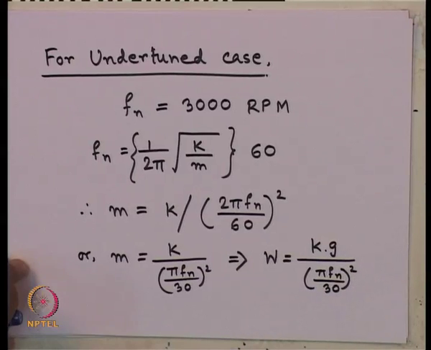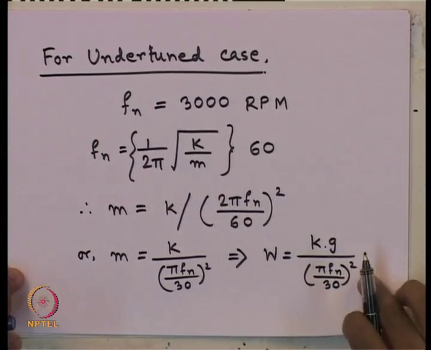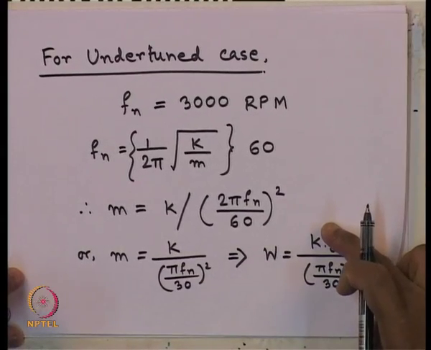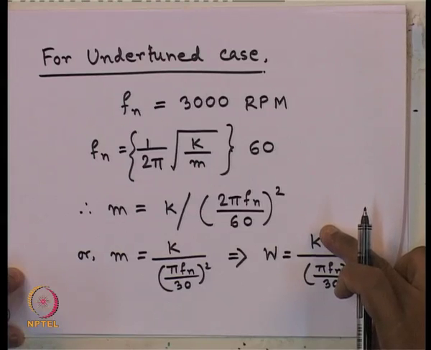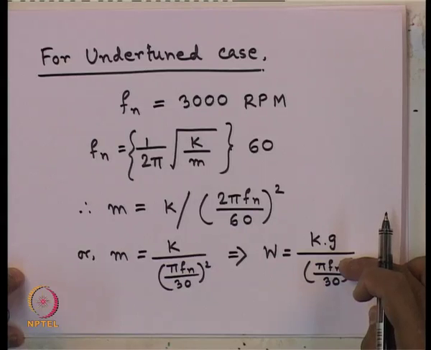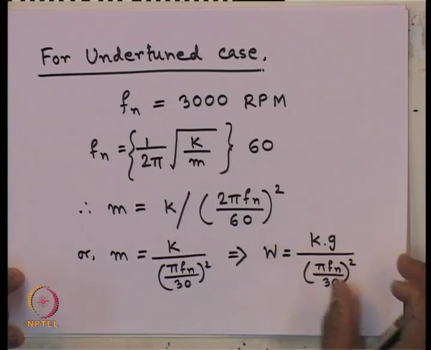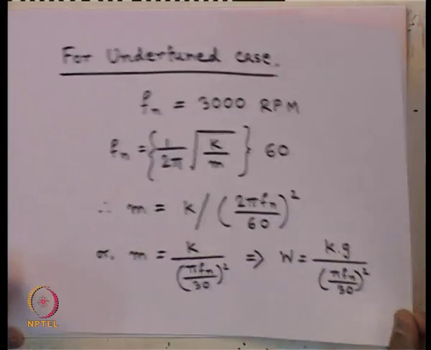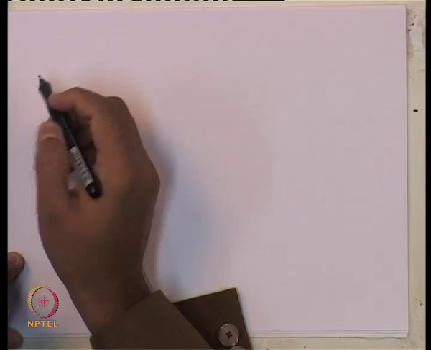Okay. With this equation, for each of the soil parameters, we know the k value and the Fn value is known. So, how much weight is required, we can calculate back. So, let us do that.